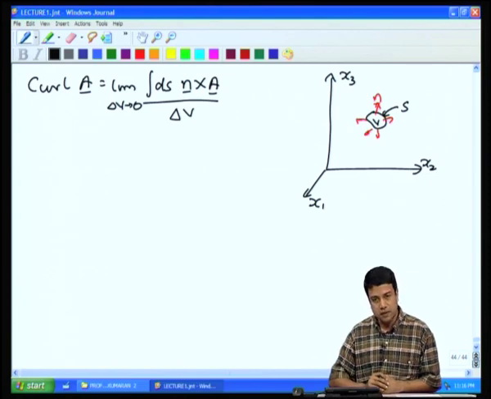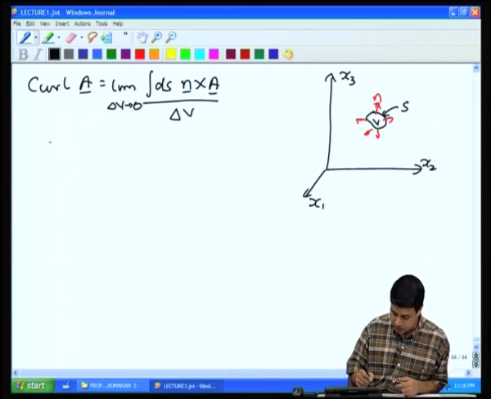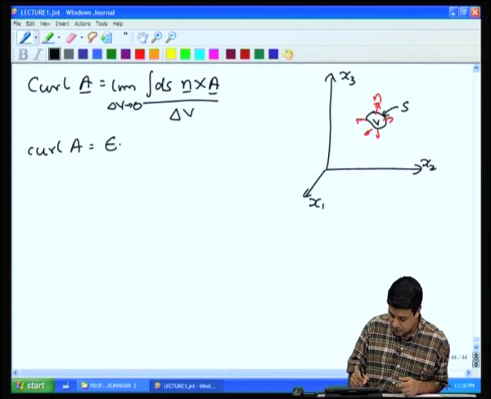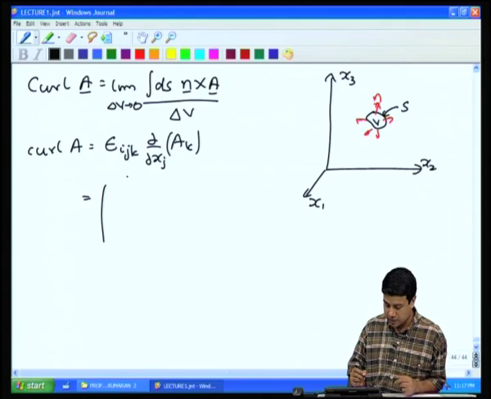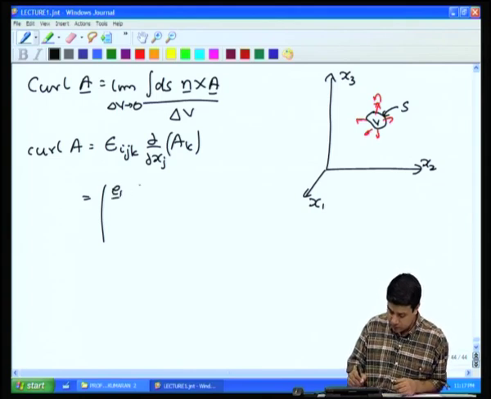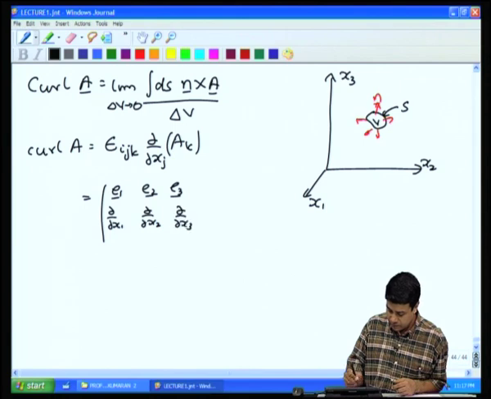So, we had got an expression for the curl of A in the last lecture, which is equal to epsilon i j k partial by partial x j of A k. It is also equal to, I can write it in matrix form, with rows E 1, E 2, E 3, partial by partial x 1 and so on, and A 1, A 2 and A 3.